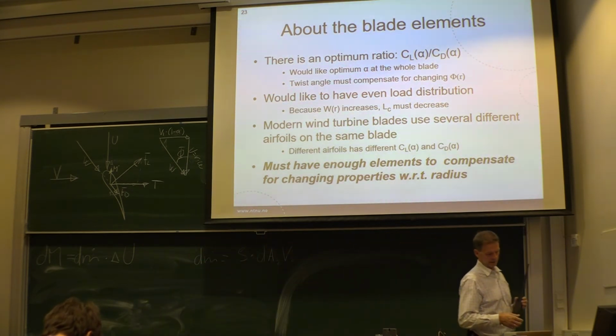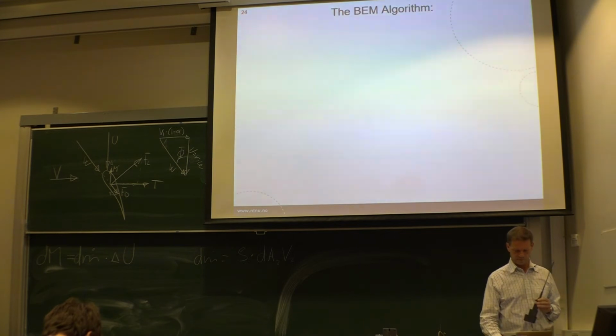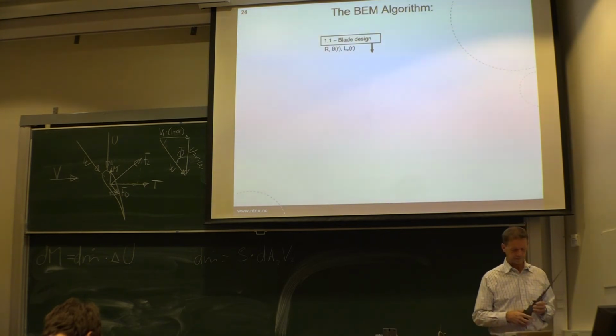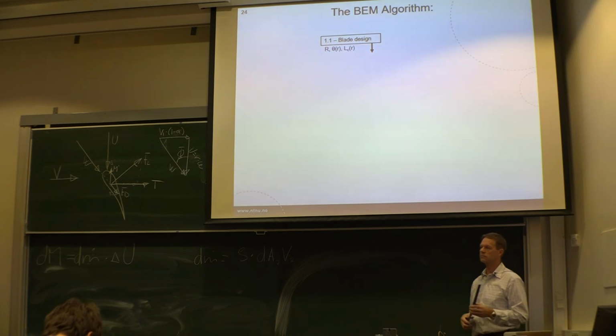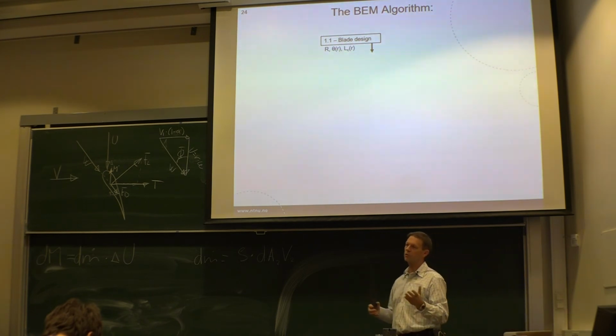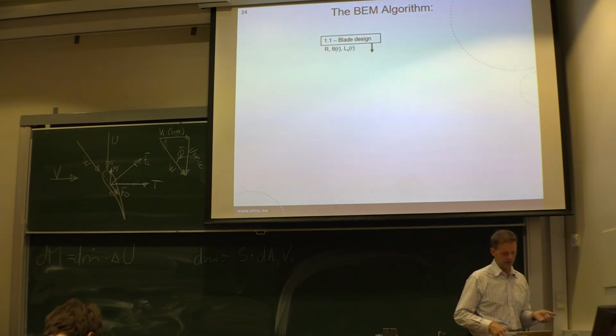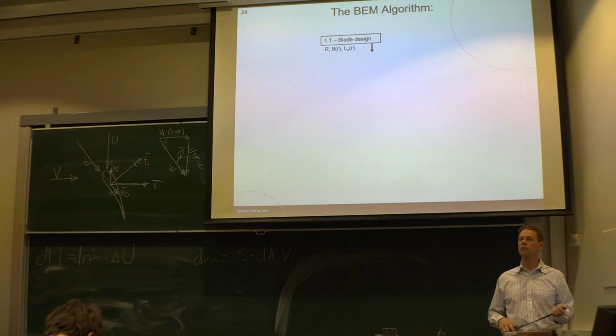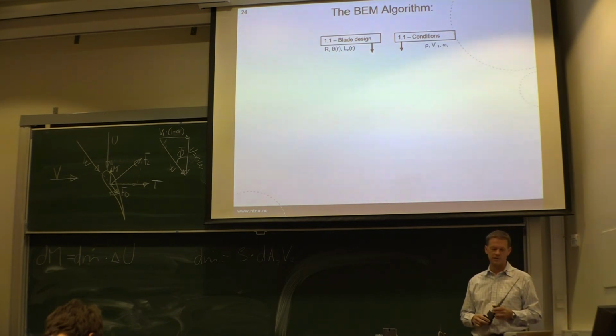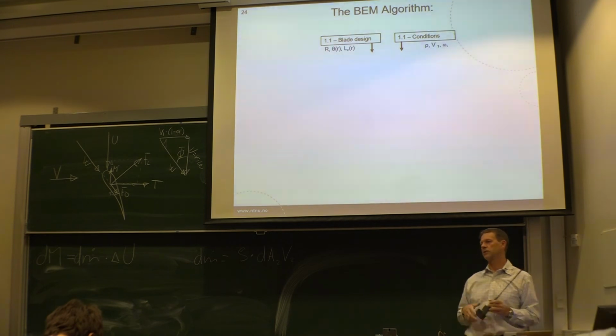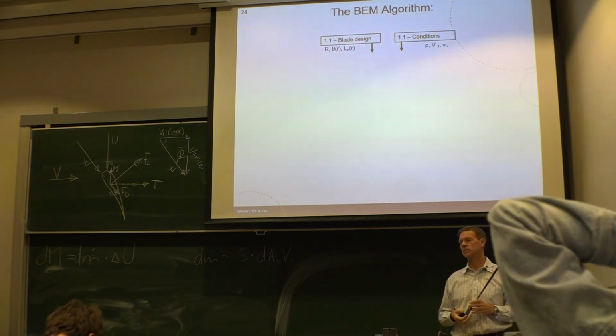Okay, let's start with the algorithm. You start with the blade design, and that blade design is coming from exercise 1. So you have 10 elements, you have twist angles, and you have chord lengths. Then you have the conditions, like the wind velocity, density, and the rotation velocity. You have to choose that.